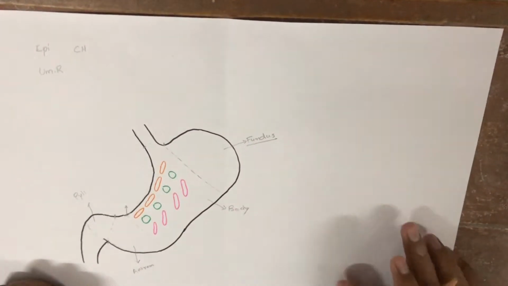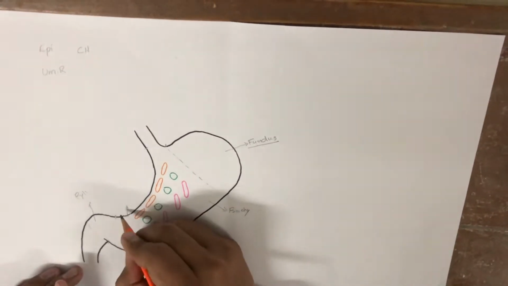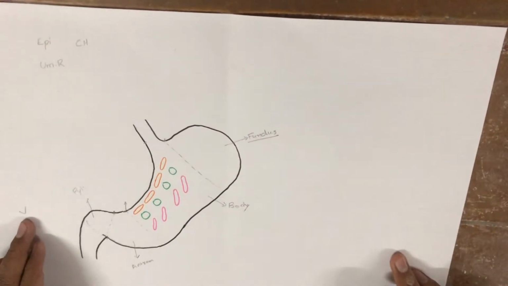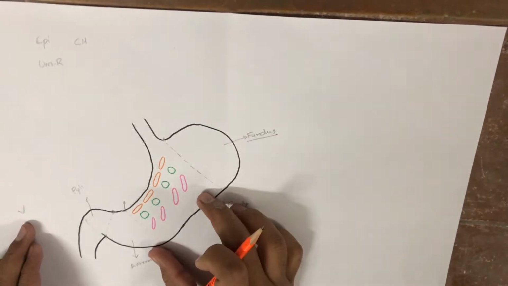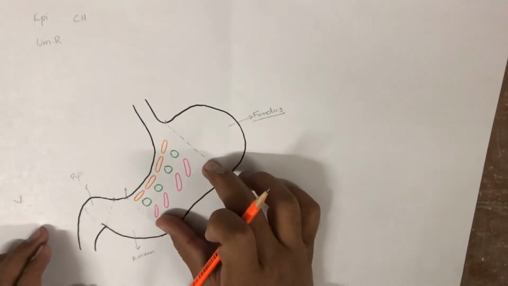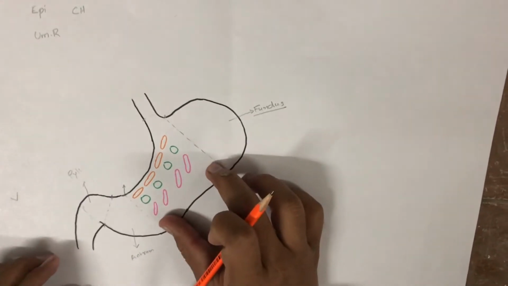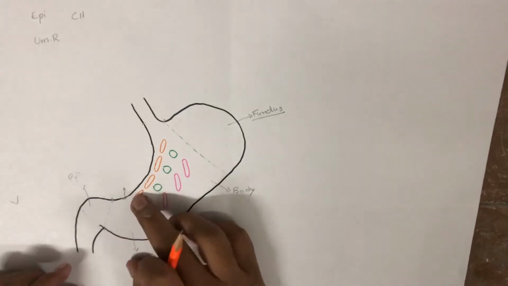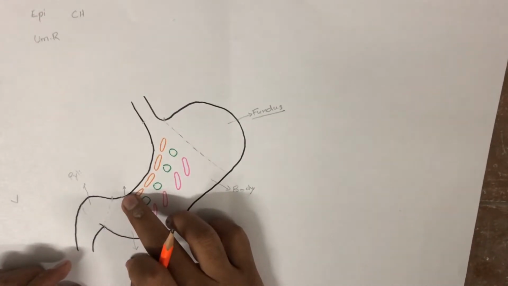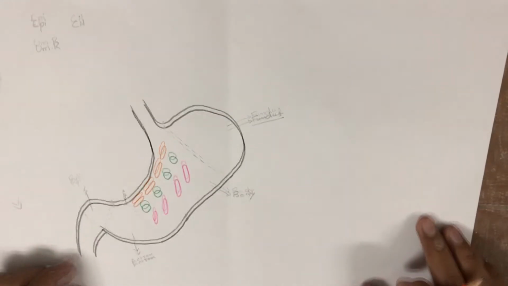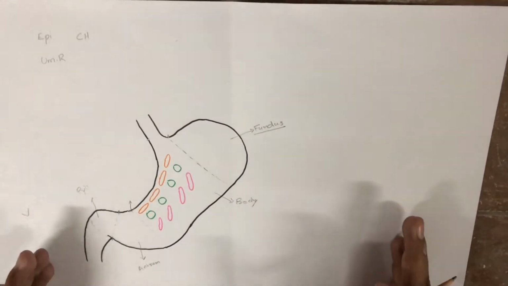I'm sorry about the diagram, which is not clear, but here is the angle formed between the pyloric end and the body of the stomach, which is called insula angularis. Another part of the stomach is the antrum, which is formed from the insula angularis till the pyloric end. So these are the parts of the stomach.